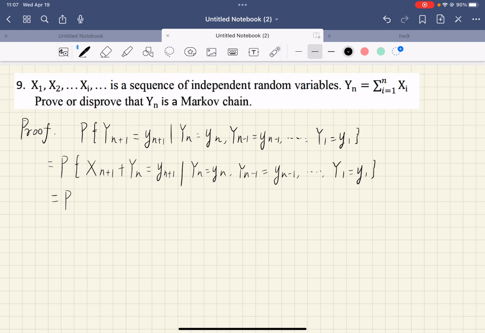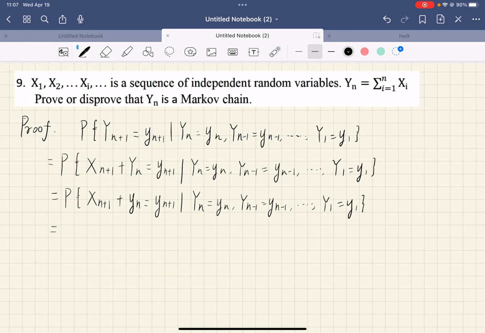And this should be equal to the probability of, let me see, capital X n plus 1 plus lowercase y n equals y n plus 1 based on capital Y n equals y n, capital Y n minus 1 equals y n minus 1, and so on to Y1 equals y1.